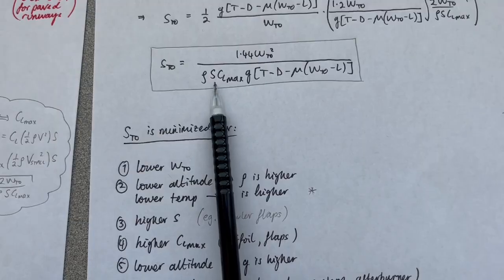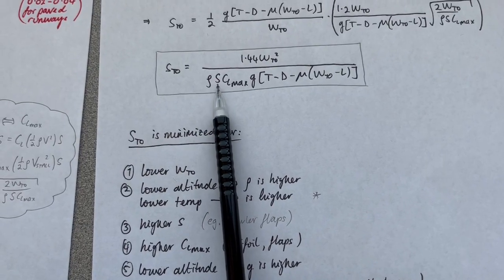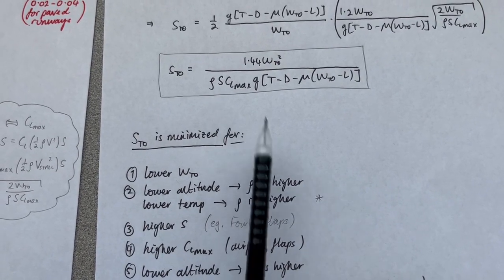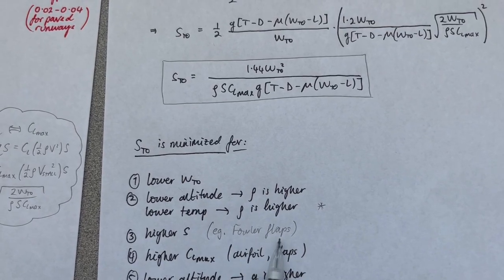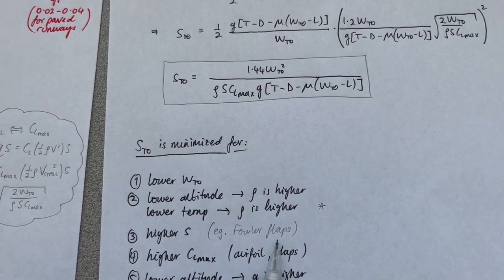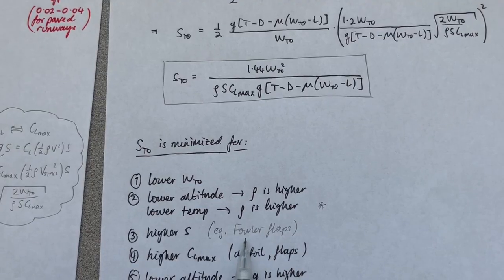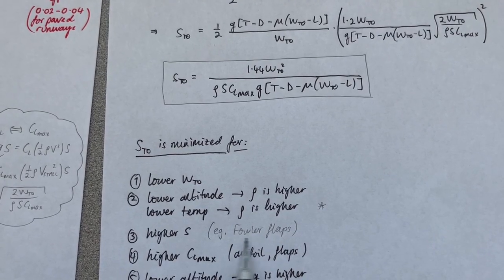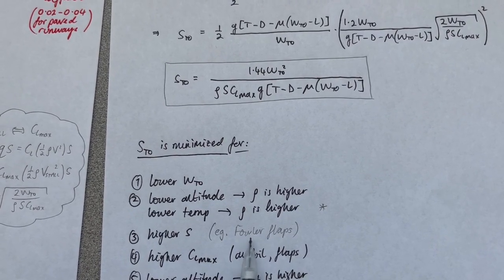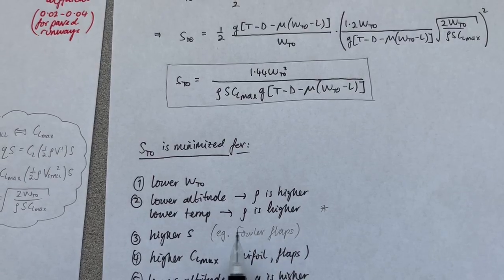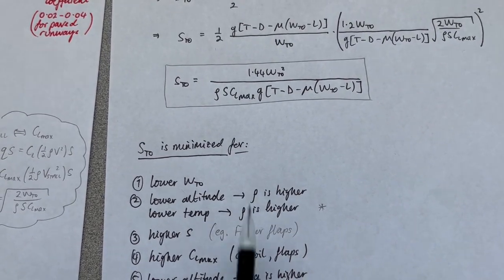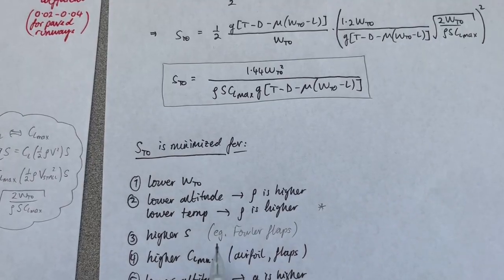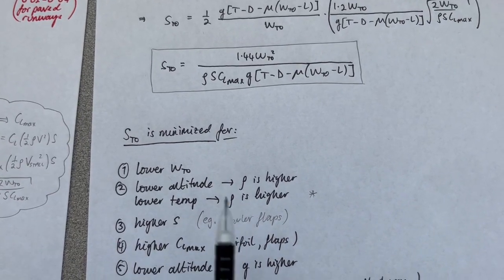Takeoff distance is minimized for higher wing reference areas. So this is why certain airplanes have Fowler flaps. If you don't know what those are, check those out. They are flaps which are designed to not only adjust the camber of the wing, but also to extend the trailing edge so that you get a higher wing reference area, which will then minimize your takeoff distance and also landing distance, as you'll see in the next video.